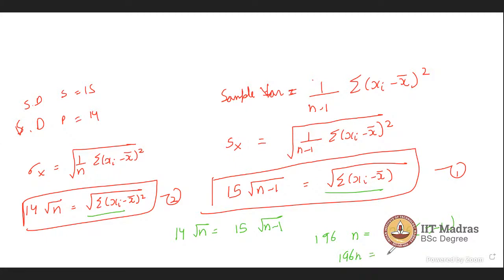In the second equation there is also a square here, I missed it. I took root n minus 1 to that side only. So it will be 225 equal to something, I think 29 only. It comes out to something like 7.76, which is approximately 8.